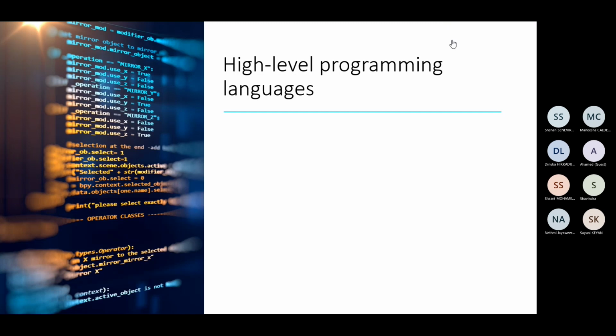All right. I can see only a few names in the chat. How about the others? I can see Shihan and Zajini. Again, Shihan, Ahmed, Dinuka, Sasini.